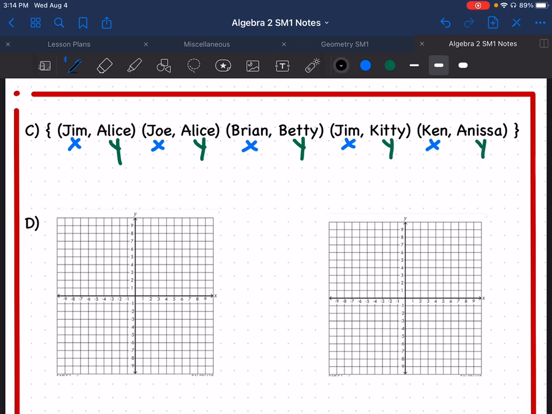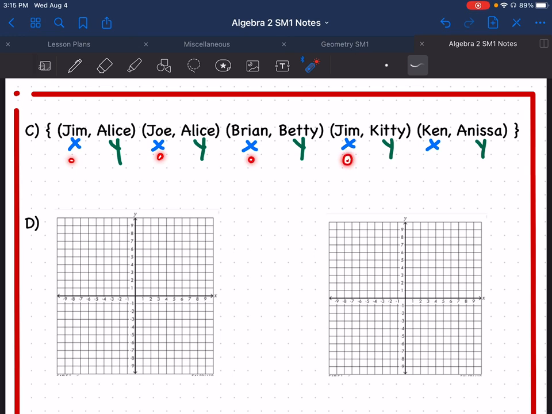All right, so let's decide if this is a function or not. Remember, when you are deciding if it's a function, you're looking at your domain. You're looking at your x's. There are 1, 2, 3, 4, 5 different groups, and you have to make sure that all 5 of these gentlemen's names are different. So notice I have Jim. Then I have Joe, that's different. Then I have Brian, that's different.